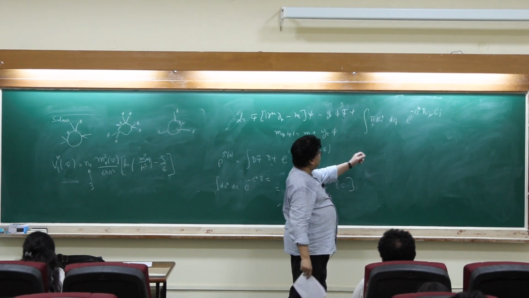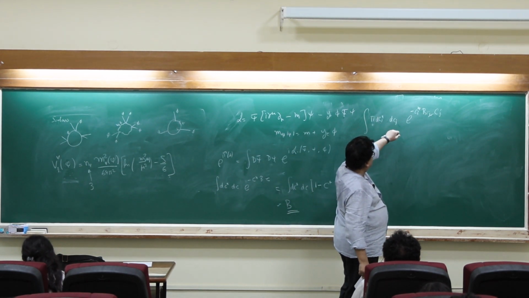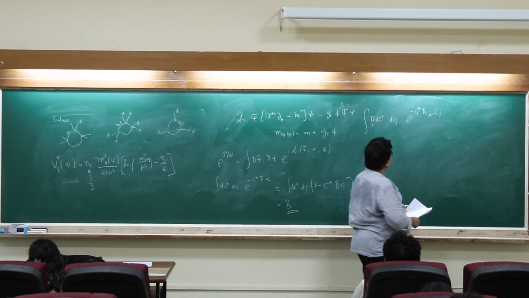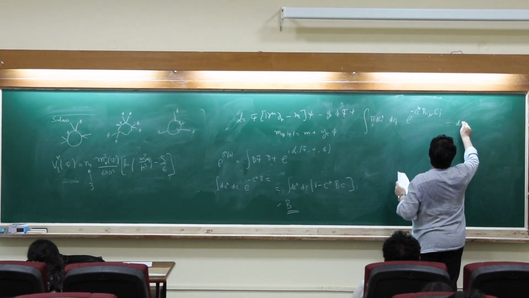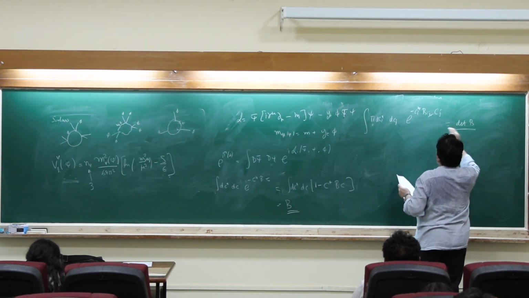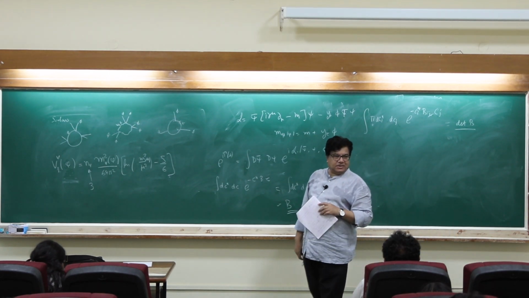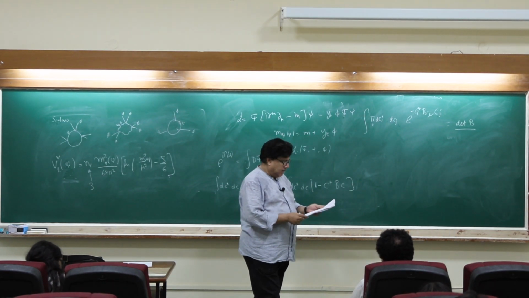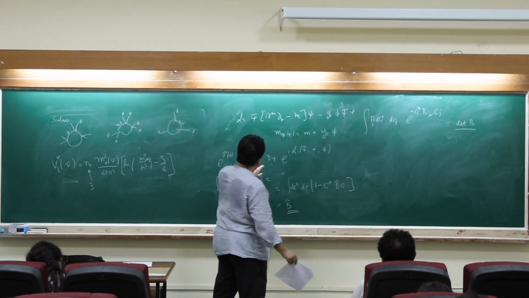So now I make a matrix out of it. I have a column of Ci and Cj and there is a matrix. Then this is the determinant of B. So this is true also for operators. Same story. Okay. So this is what I'll use to calculate this guy.